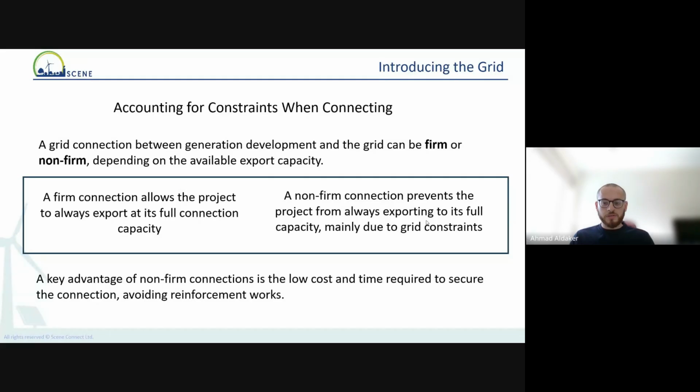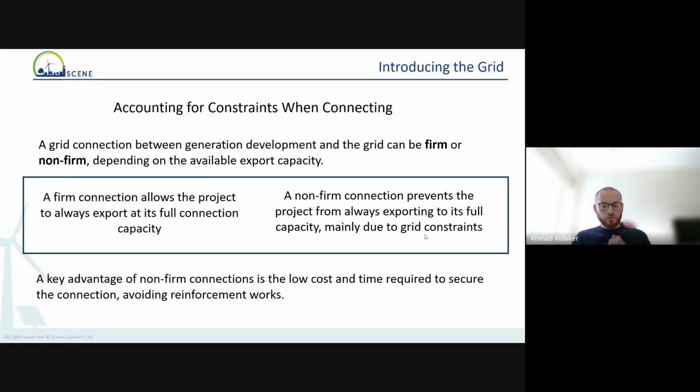What this means is that non-firm connections may force the development to reduce or curtail the power it's exporting at certain times to avoid overloading the grid. So this translates to a loss in export revenue. So why would we consider this? Why is this considered a good option at times?